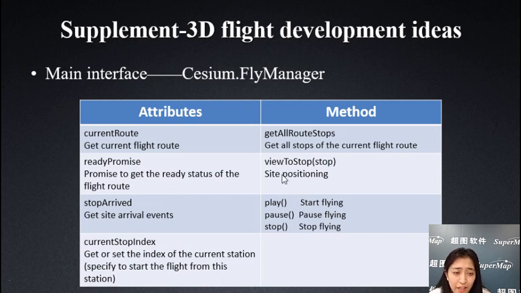And it can use the view to stop to set its positioning. So for this method, we can use play, pause, stop to set the status of our point. And then there is also the stop arrived to obtain our station arrival events.